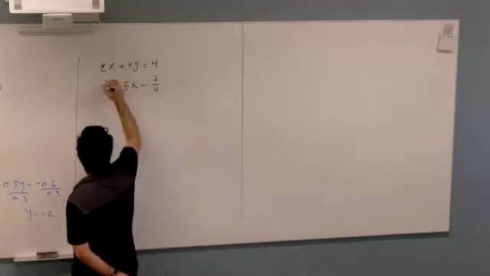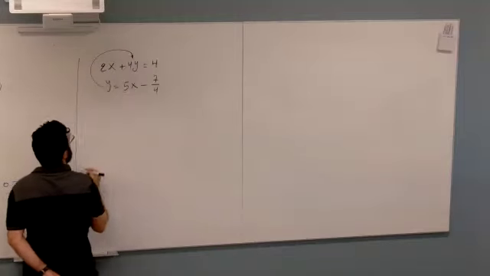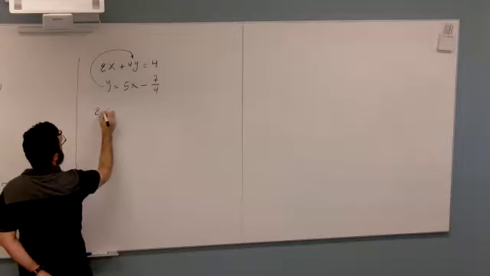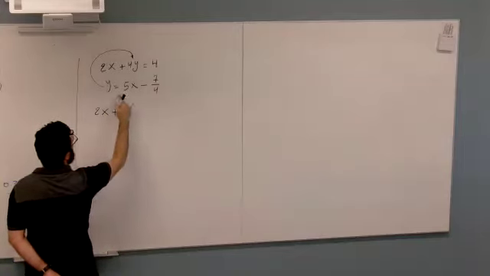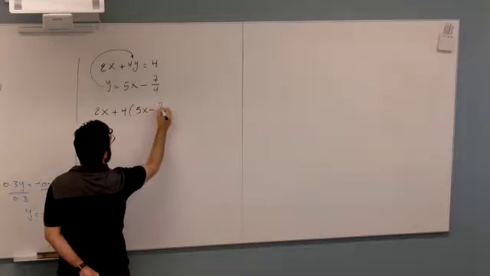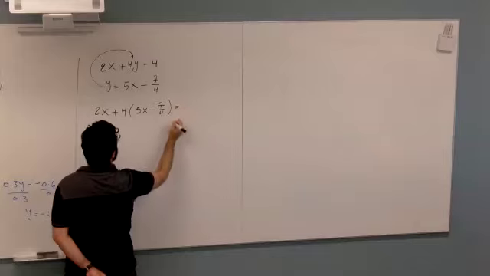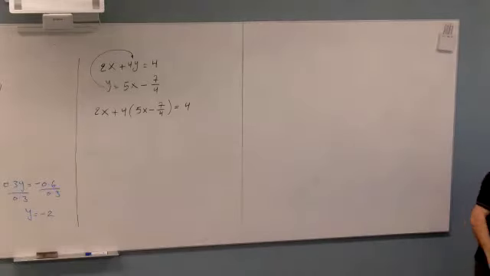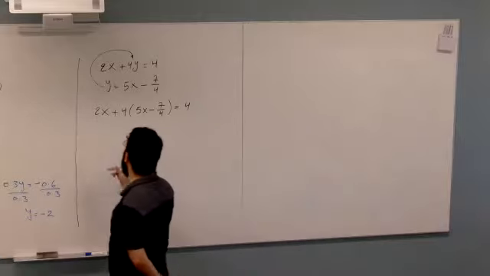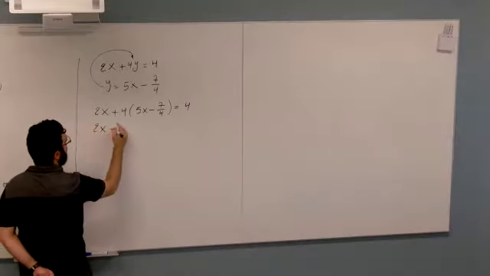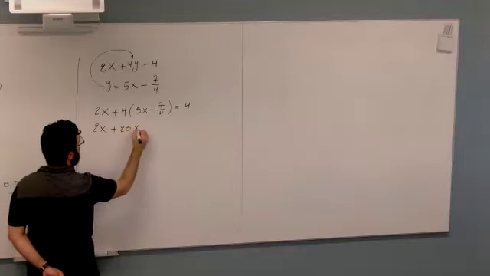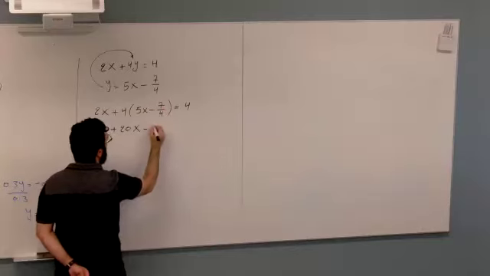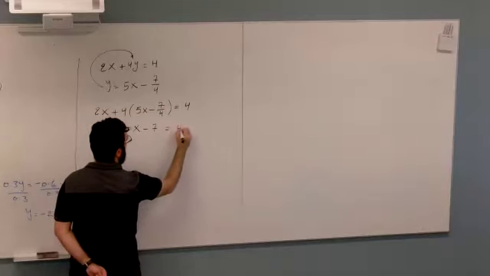Substitution method. So I'm going to plug in y right away here. It's going to be 2x plus 4 times 5, 20x minus 4 times 7 over 4 equal what? 4.